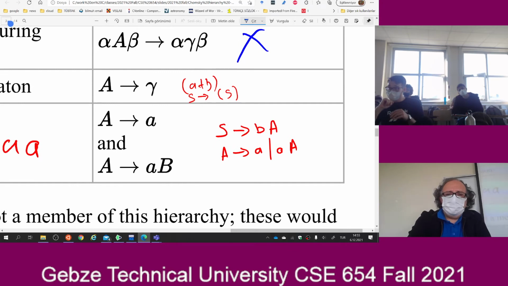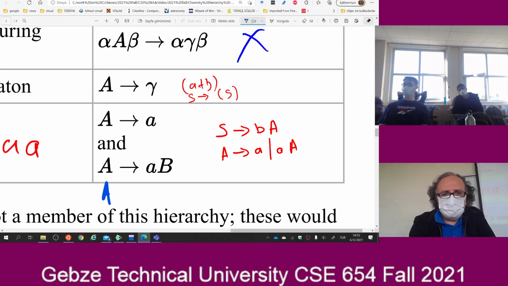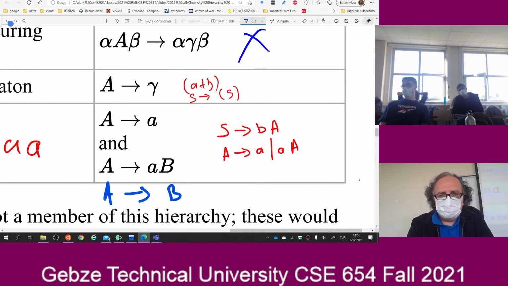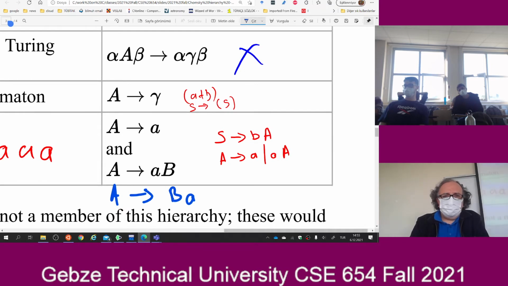Okay, it has to be either A going to a terminal or some terminal and non-terminal. So that's it. You cannot say A goes to B, A, and something. So this is not in the type 3 grammar.